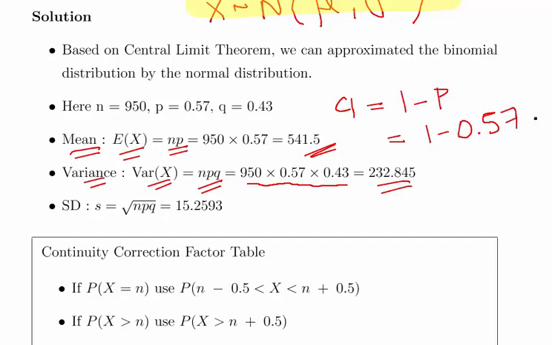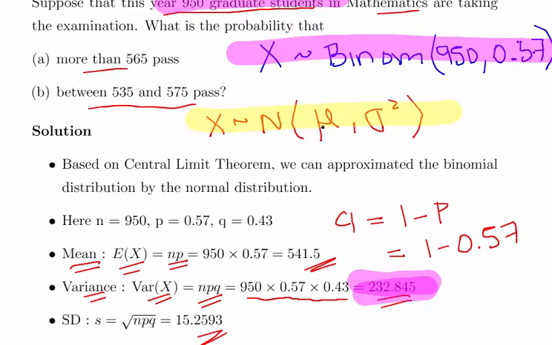Now, we have our variance here, but what we really need is our standard deviation, which is the square root of 232.845. It is 15.2593. So essentially what we're able to do here is put in those values. You can just write mu is equal to 541.5 and sigma squared is equal to 15.2593 squared.